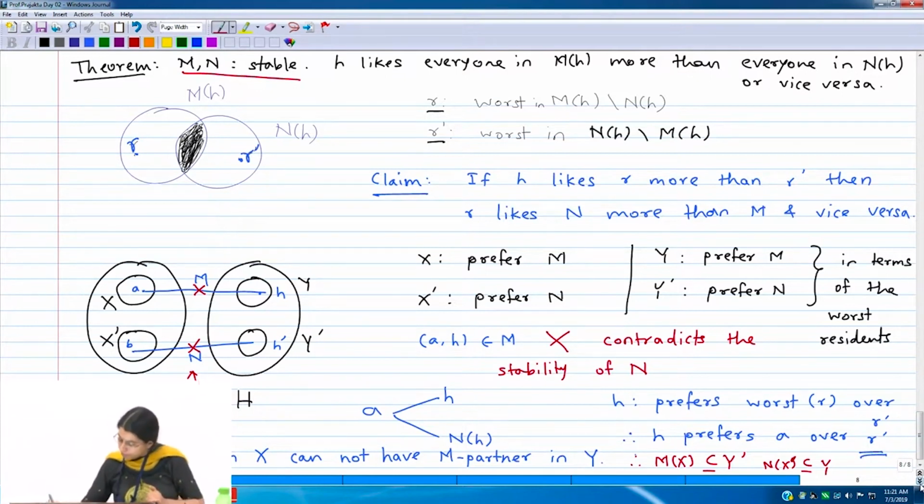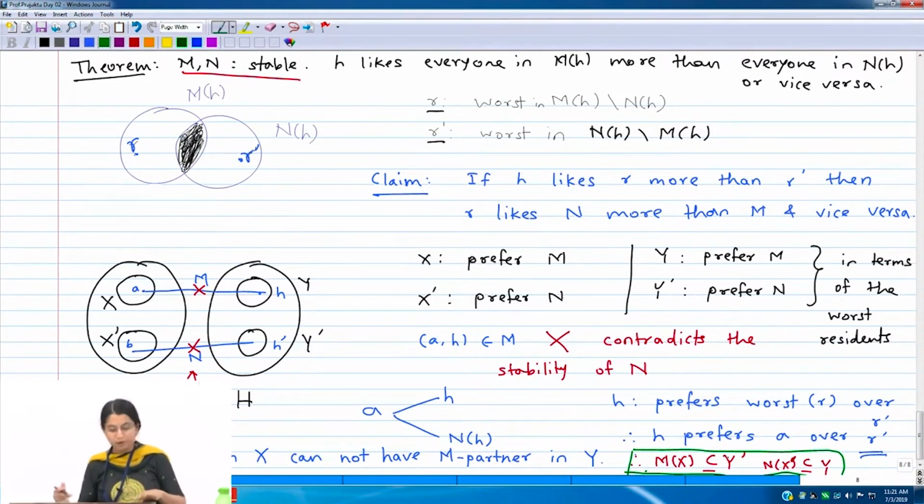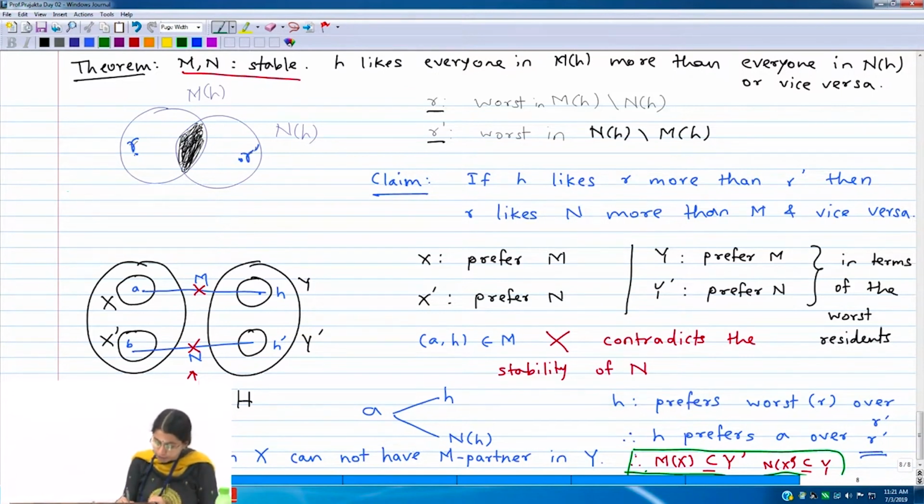Okay. So because we have these two observations, if M of x has to be a subset of y prime, y prime should be large enough, right? So in particular, we can say that the number of residents in x is at least, now I have to sum over the hospitals in y prime.